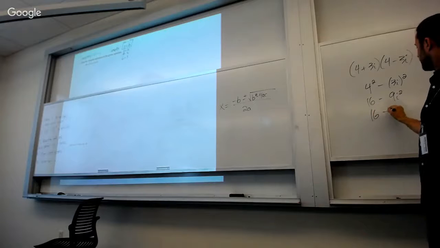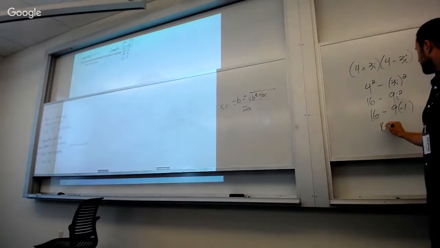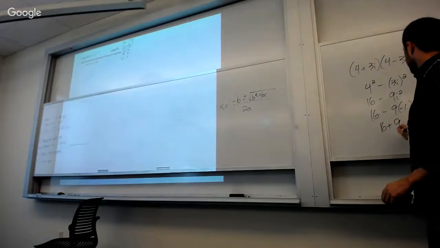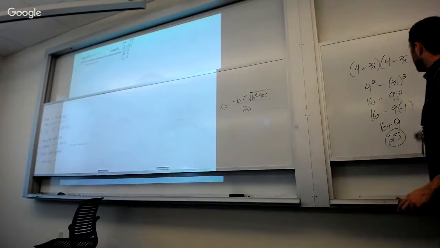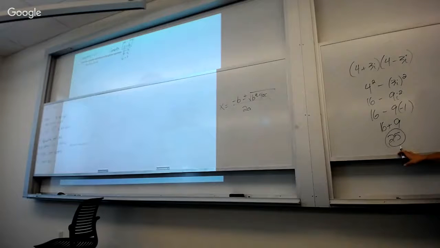And what's i squared? What does i squared equal? -1. i squared is -1. And we ended up with simply a real number. 16 plus 9 is 25. So you can actually multiply a complex number times another complex number and just get a pure real number.